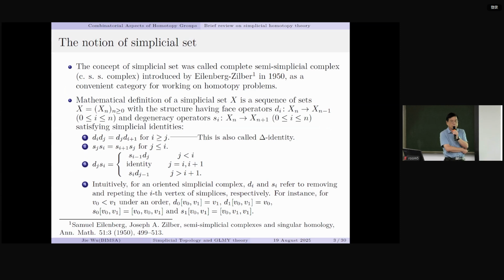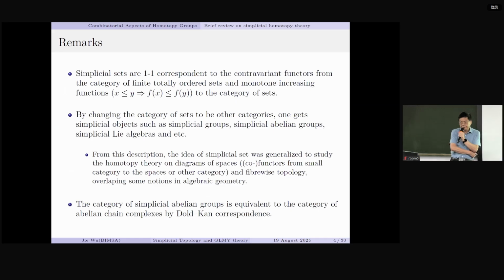Keep going with this procedure, then you introduce the so-called degeneracy operations, and then you work out a sequence of sets as a generalization of simplicial complex. Now, this setting is actually important.